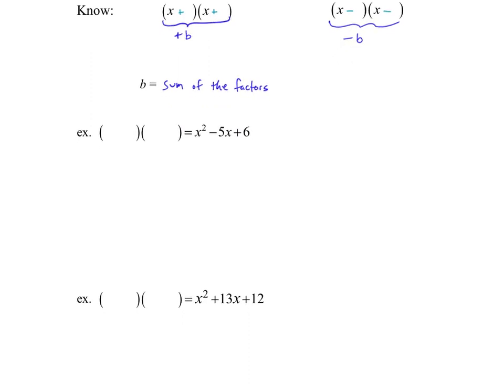All right. So first, start out by writing your parentheses. And then when we're looking at it, and we know we have an x squared right there, we know we have to have an x and an x. Now, some people will go through and they'll just try to memorize plus, minus, minus, plus, all this kind of stuff. But for me, when I see a plus x, I know they're going to be the same.